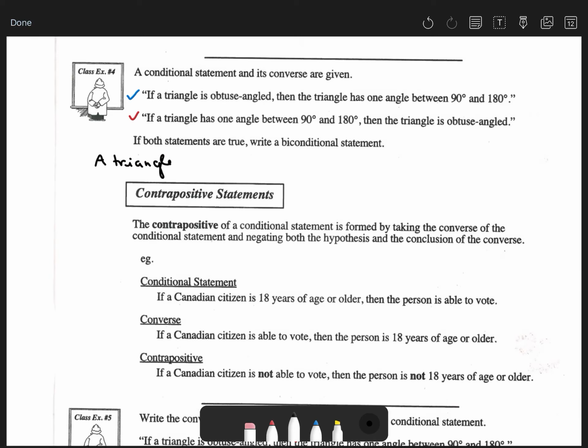A triangle is obtuse angled, okay, and here's the phrase we're going to use.